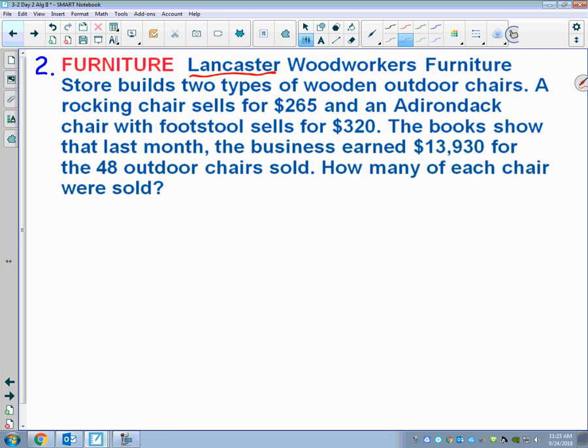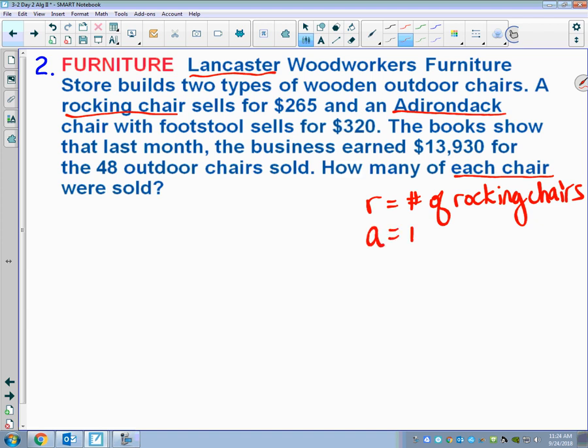So again, right away when I read that statement that I say each chair, I know that is my variables, right? So we have a rocking chair, so I'm going to say R equals the number of rocking chairs. And I have an Adirondack chair, so I'm just going to say A equals the number of Adirondack chairs.